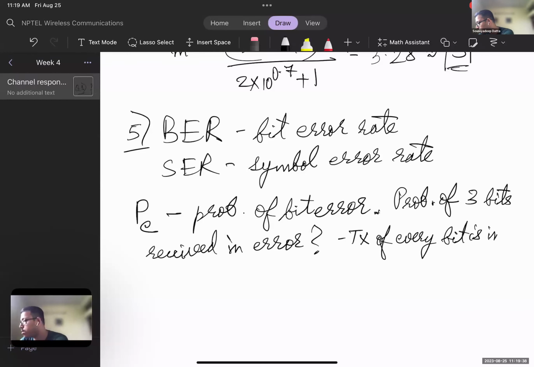Typically in this kind of problem, we'll assume that every bit is transmitted separately, so it's an independent random trial in a way. So you will have the first bit in error and the second bit in error and the third bit in error, right? So what will be the probability?